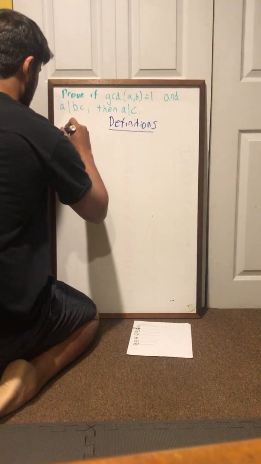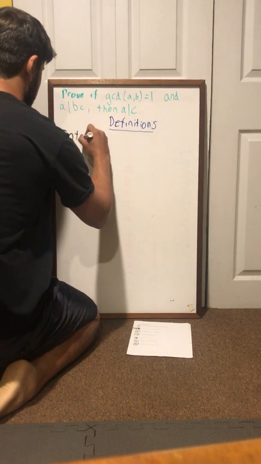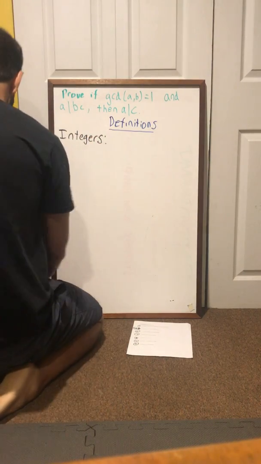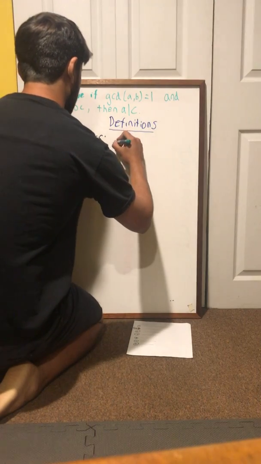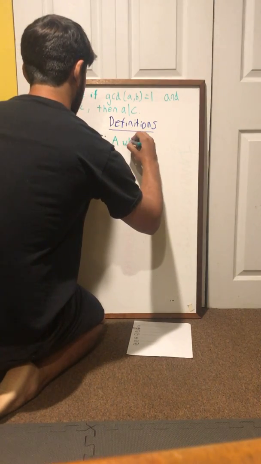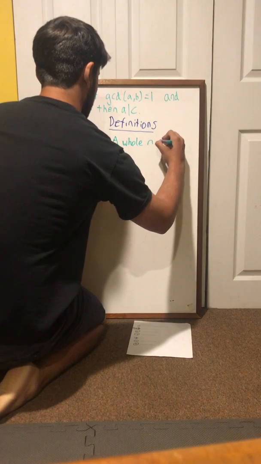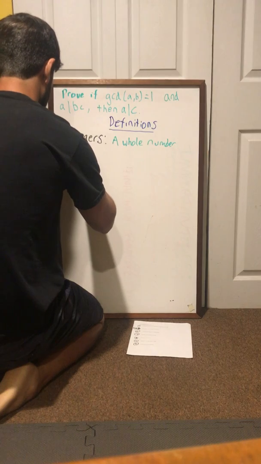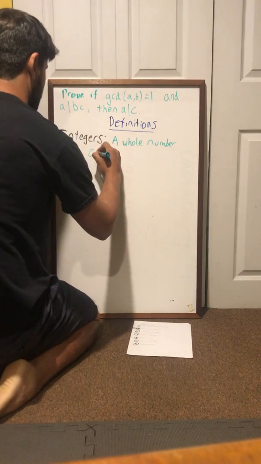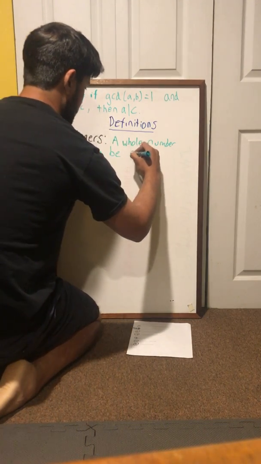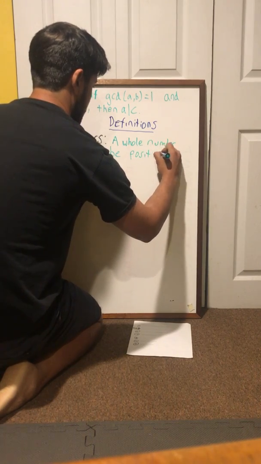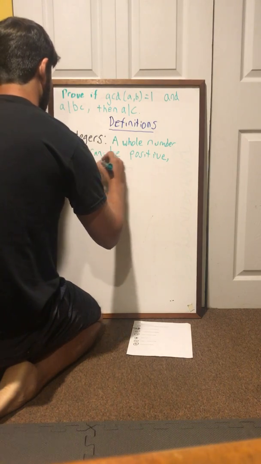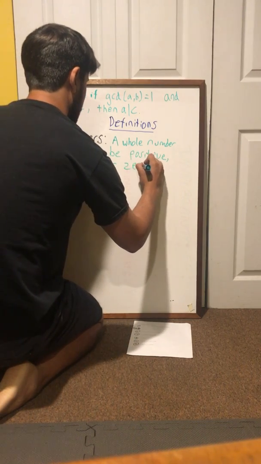So we're going to say integers, and we'll define integers as a whole number that can be positive, negative, or 0.